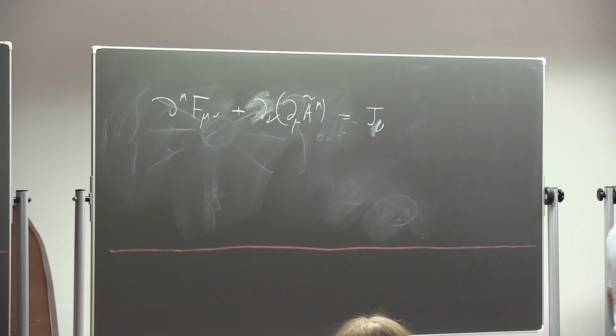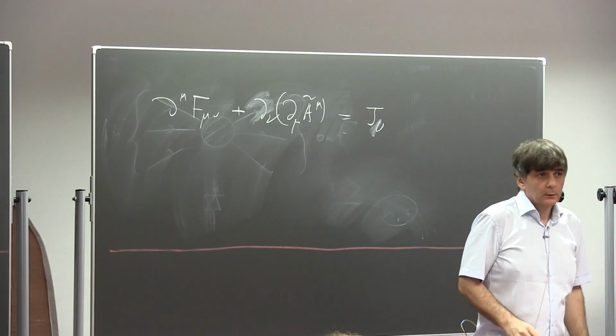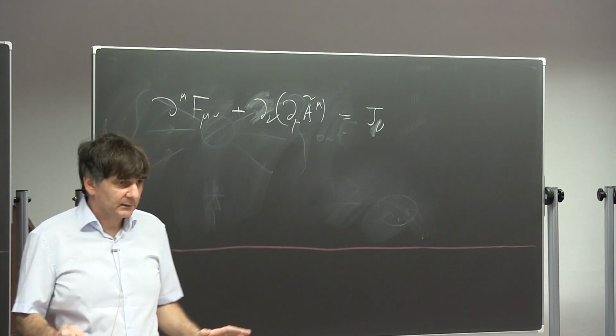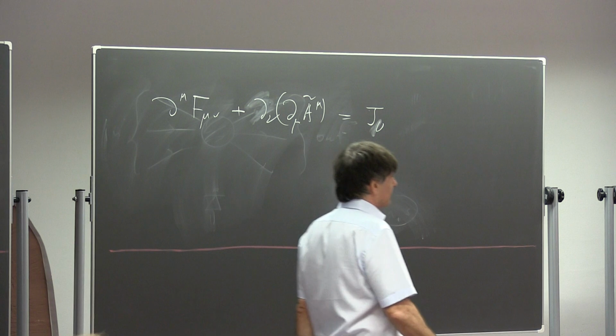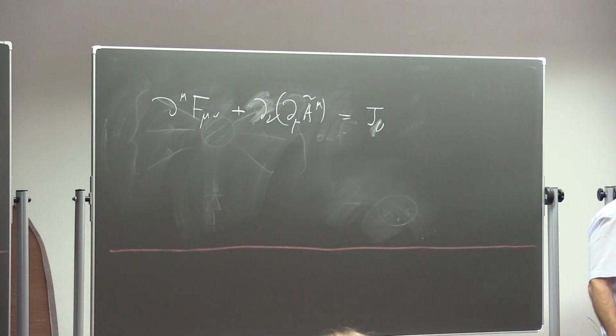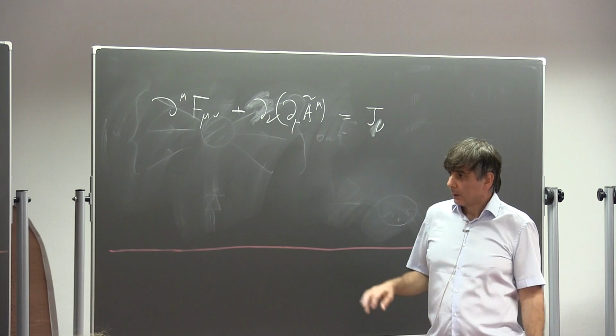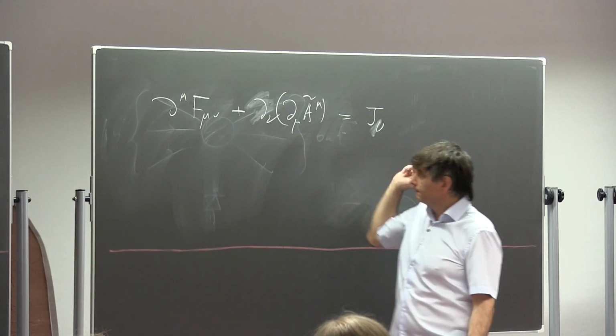In other words, in Maxwell, the conservation of the source is a necessity. It's a must. It just follows from the equation of motion. It's clear for everybody, right? Now, here.